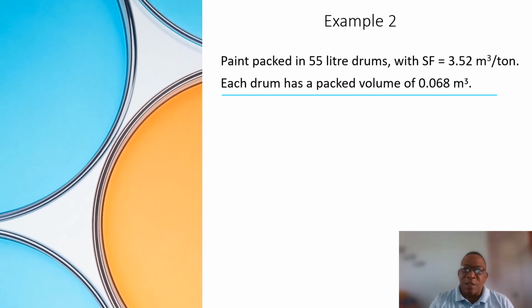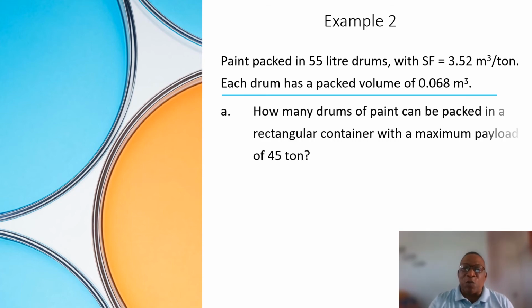Now let us look at another example where we again are given the internal volume of a particular drum, or the packed volume of the drum, and we are given the stowage factor, which is 3.52 cubic meters per ton.